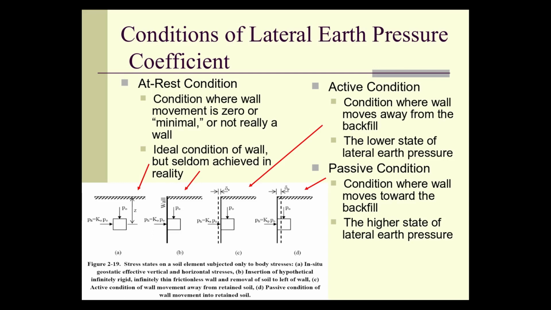Because it's a semi-infinite soil mass, and whatever is next to it, you can move that, but then it doesn't really have much of a place to go. It'll move a little bit, but eventually it's going to die out, at least in theory. It never goes to zero, but eventually it dies out because there's no place for it to go. And as a result, that condition is called the at-rest condition.